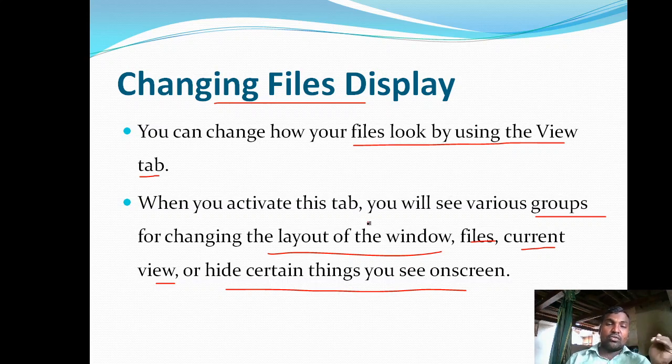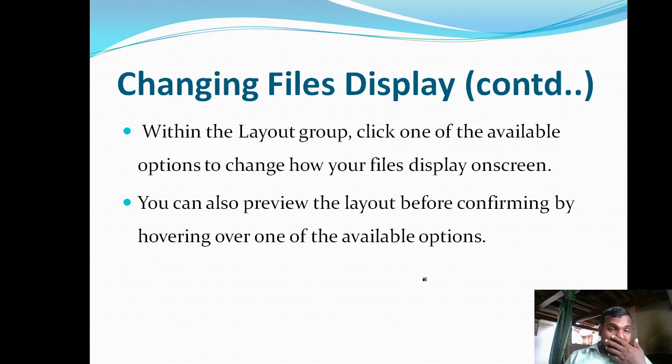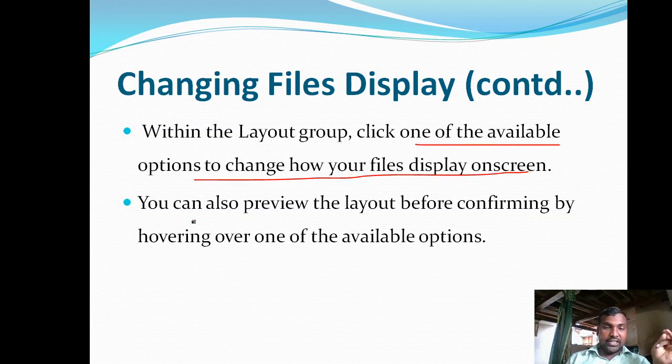So when you click on this View tab, different options are available under the ribbon. There you can change the files and current view and hiding of several files and folders, etc. Within the Layout group, click one of the available options to change how your files are displayed on the screen. You can also view the preview of the layout before confirming by hovering over one of the available options.